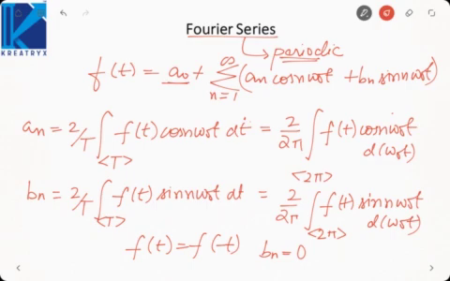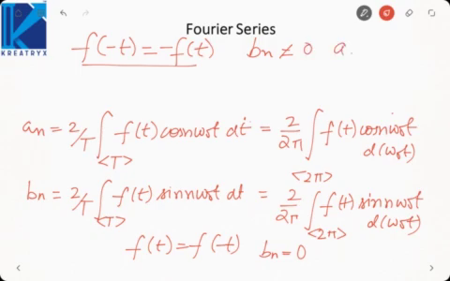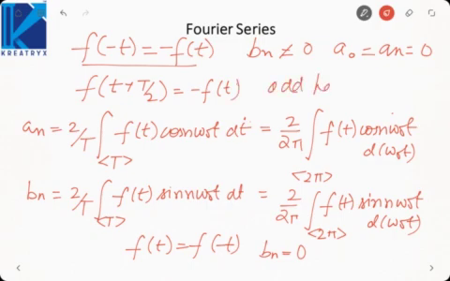And if it is an odd function, that is f(t) is equal to minus f(minus t), then only Bn is non-zero, and a0 and an both are 0. If it is half wave symmetric, that is f(t) equals minus f(t plus pi), then only odd harmonics exist. Odd harmonics means n is equal to 1, 3, 5, 7, like that. Only these terms will exist in the Fourier series expansion.